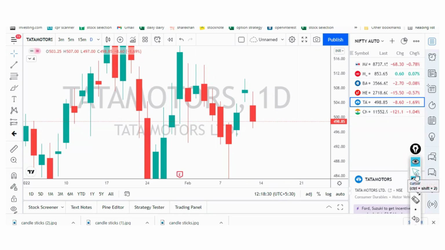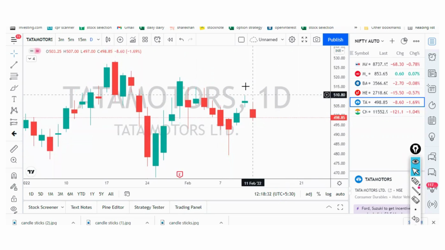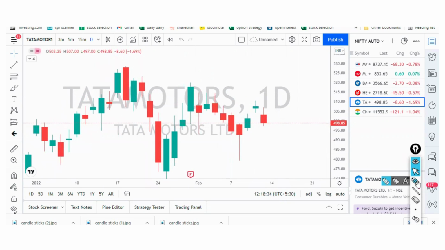Now let's see the bullish scenario. Let's go to a green candle and analyze this candle. The high of this candle is 520.